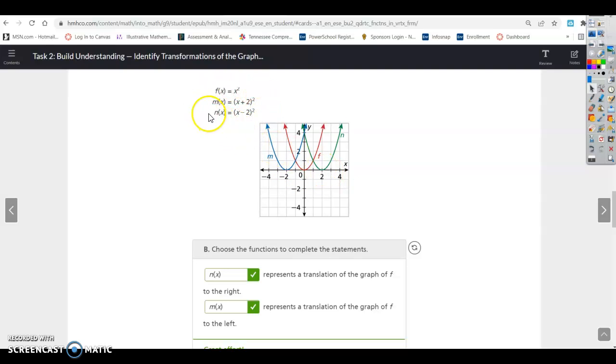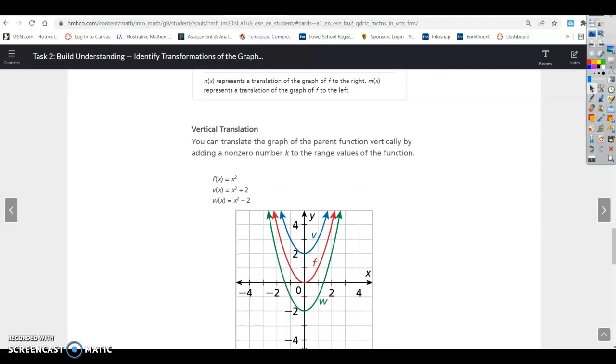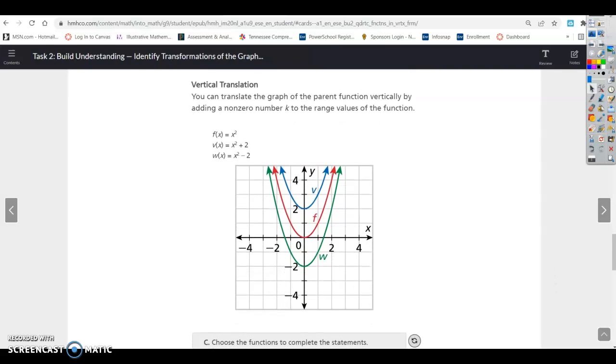So if it's a horizontal translation, you're going to move opposite the direction you think it's going to move. So even though you're going from 0 to negative 2, this is x plus 2 squared. Okay?